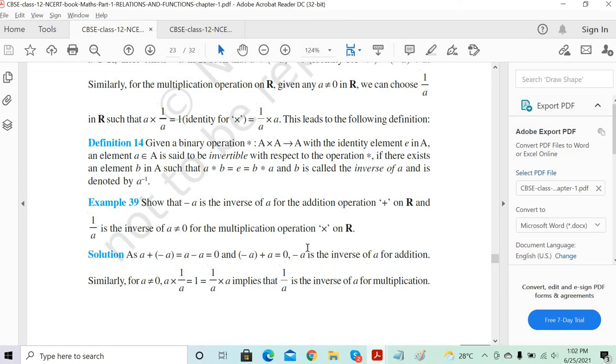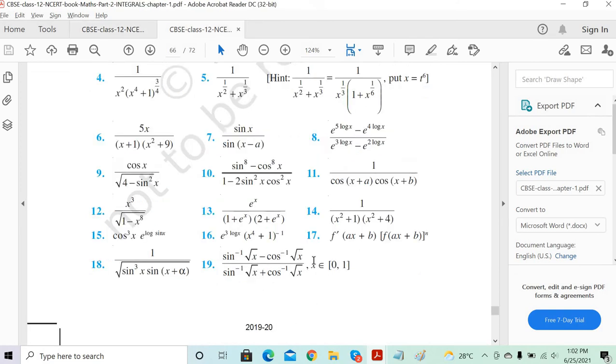Yes, the definition part is clear. Okay, now we'll go to example 39 and try to understand that problem. Vijay, you're getting the 10th one? Yes, I'm getting it. Oh good, excellent, superb.